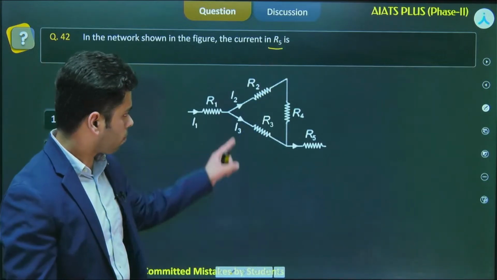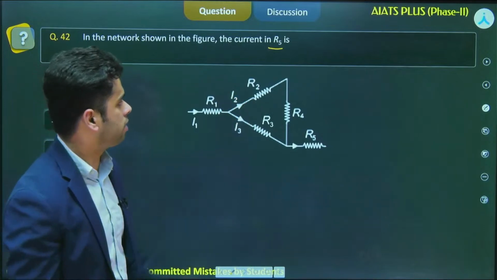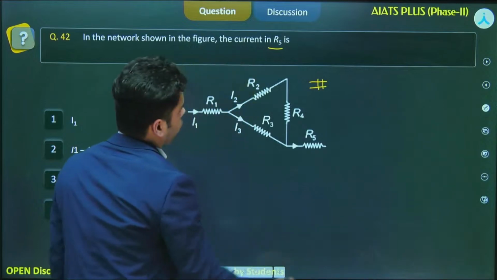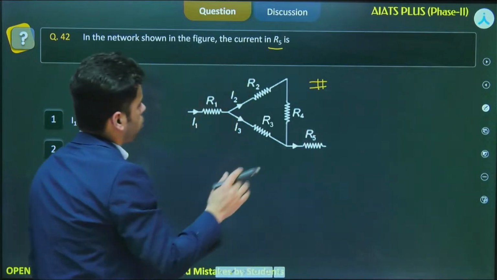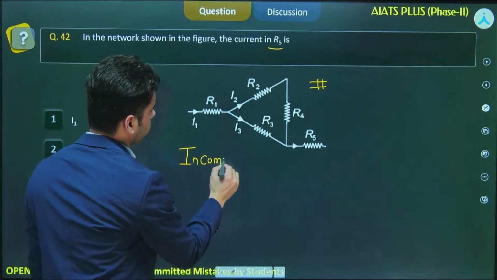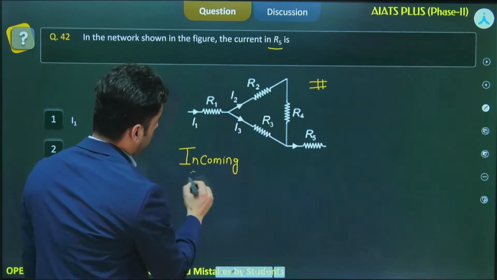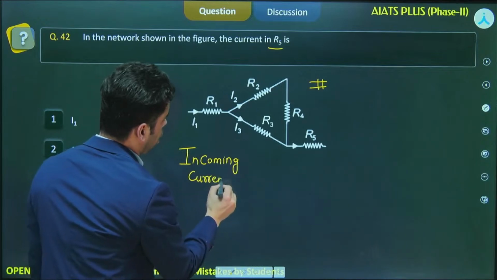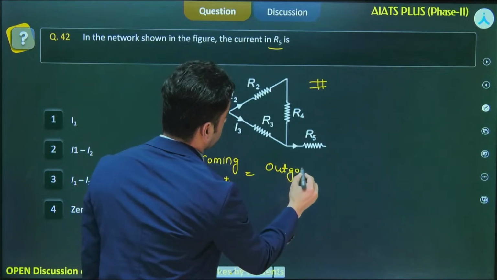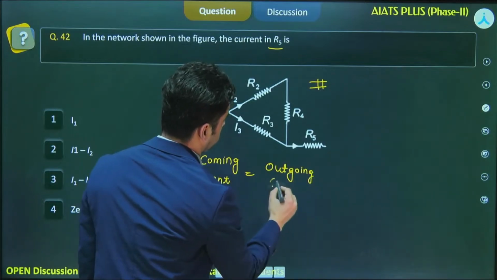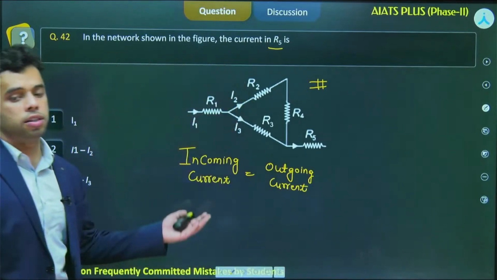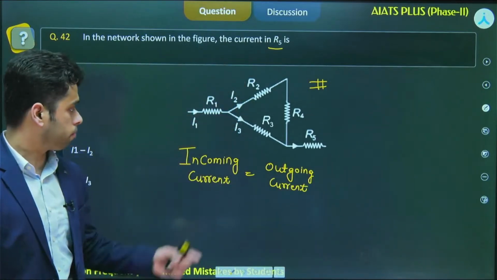By looking at the problem, I can say that this problem is based on the concept of conservation of charge, that incoming current should be equal to outgoing current at a junction, obviously, and this is based upon the conservation of charge, right?